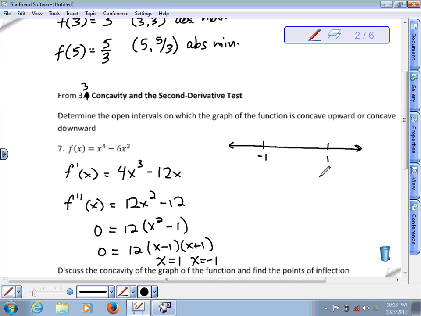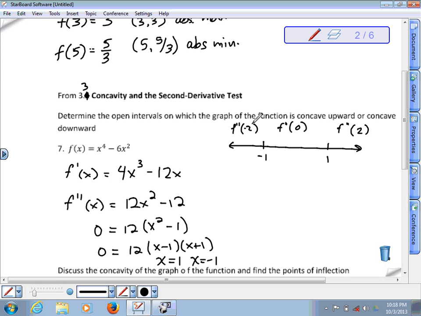And it describes the concavity of the graph. So we test points within each interval into the second derivative. So we do f double prime of -2, for example, f double prime of 0, and f double prime of 2 to see whether or not we have positive or negative values in the second derivative.